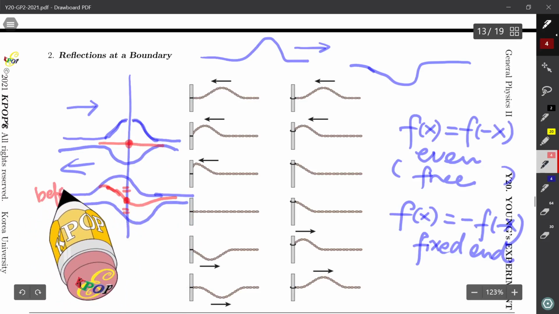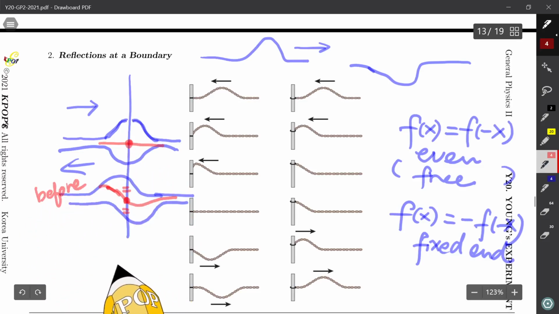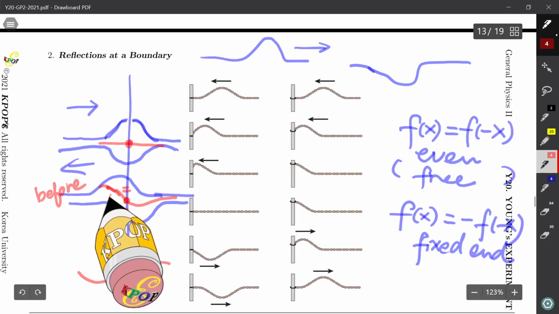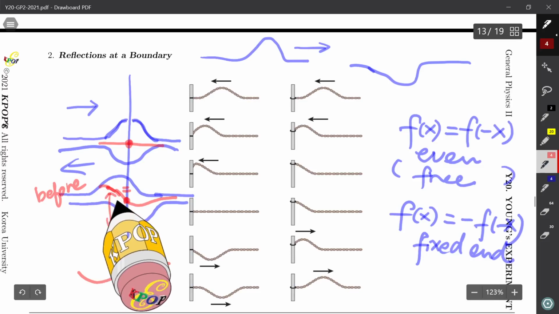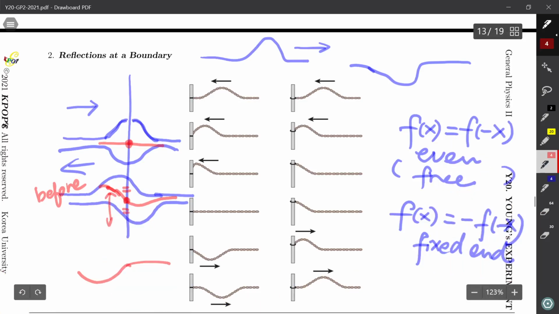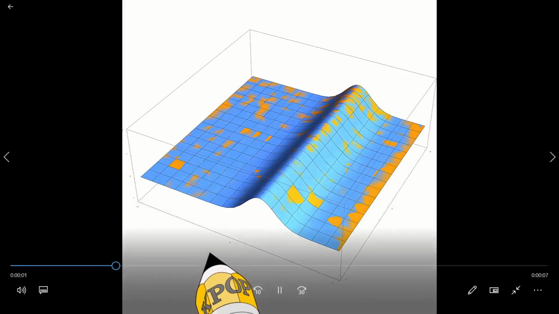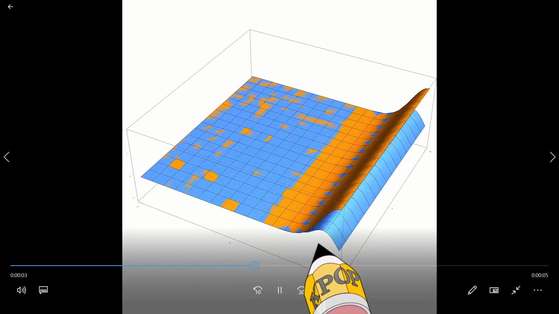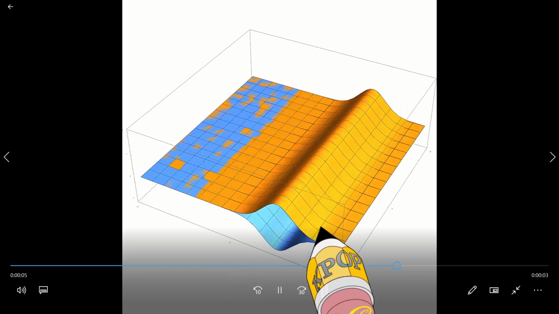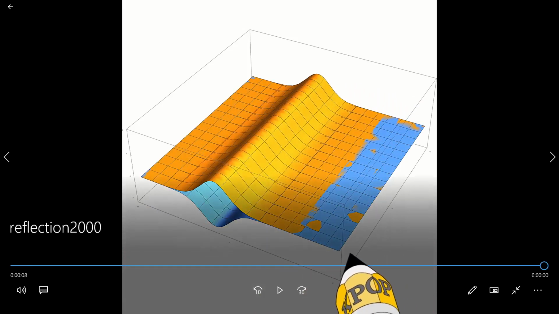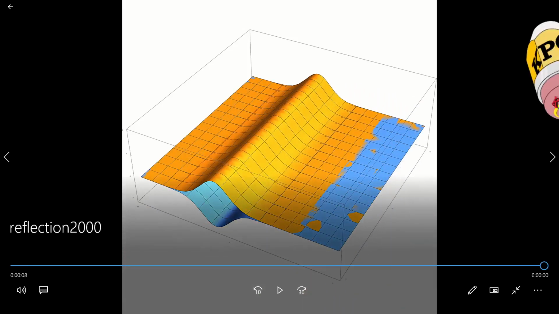Before this point, and after is opposite. This kind of form. So if you flip the up and down, again we can see the difference of the reflection style for the fixed end and free end. Fixed end, the boundary value is always fixed to be 0.